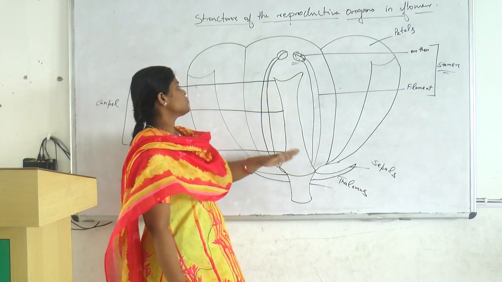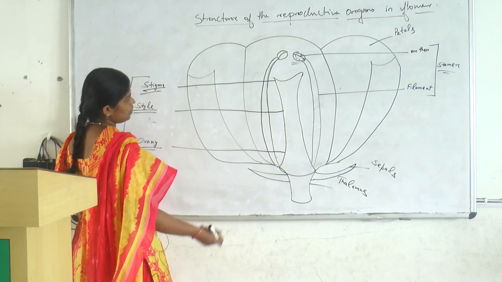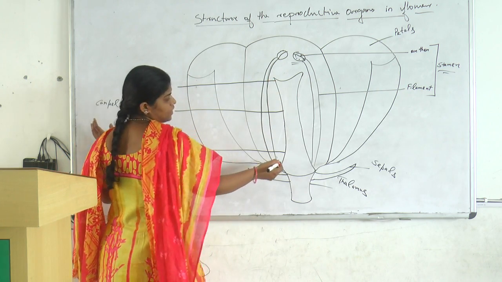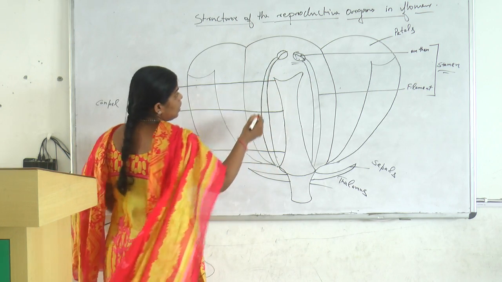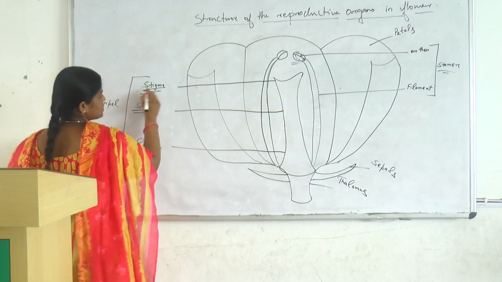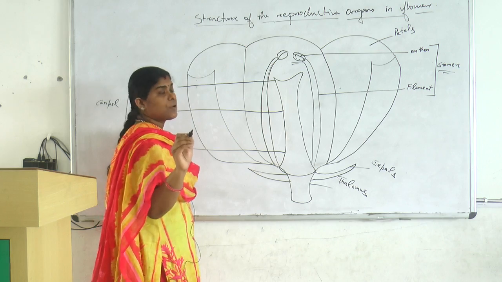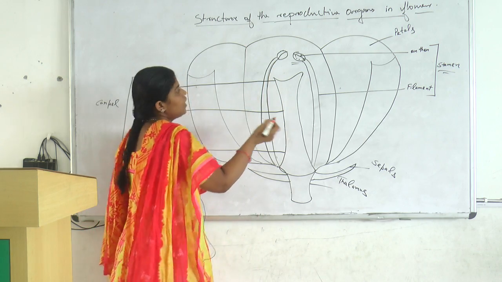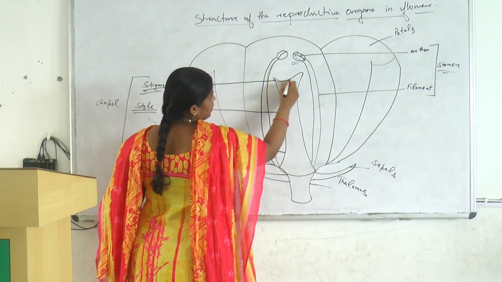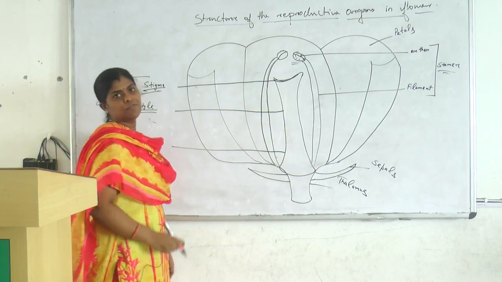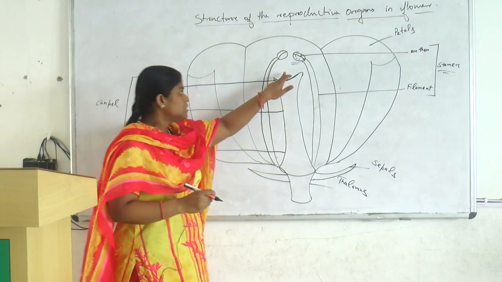And the female reproductive structure, as I have told you, together we can call it the pistil. This one is the stigma. As I have told you, the male gametes are released from the anther as pollen grains, and they land on this distant part of the female reproductive part, the stigma.